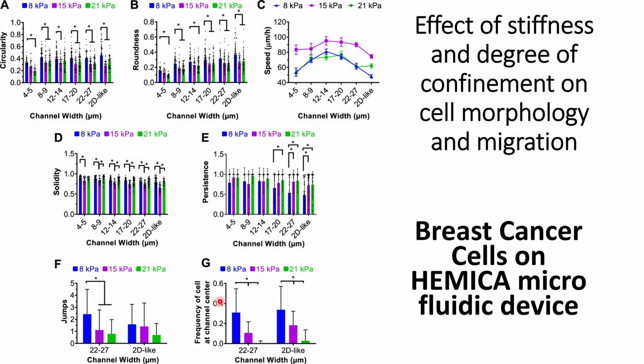And the frequency of the cells that remain at the channel center also shows the same results that we observed in the case of jumps: around 30% of the cells at the channel center get disrupted compared to the other case that we can see here.